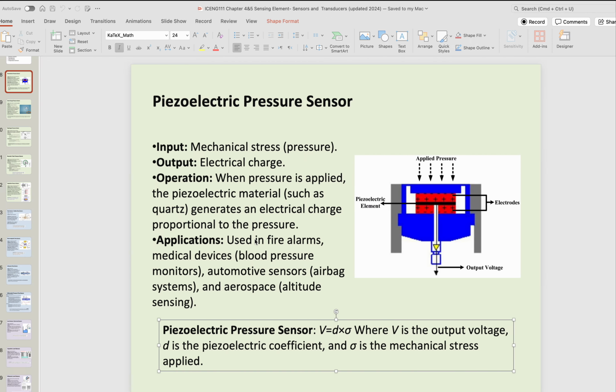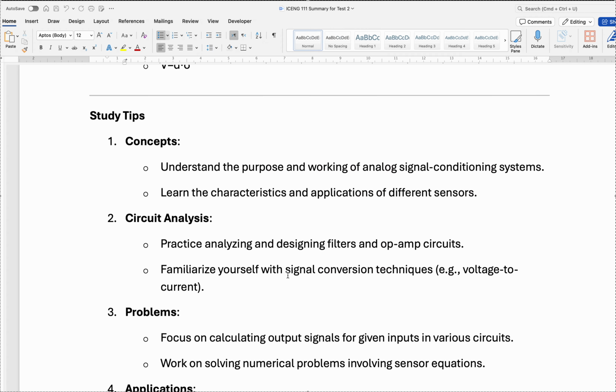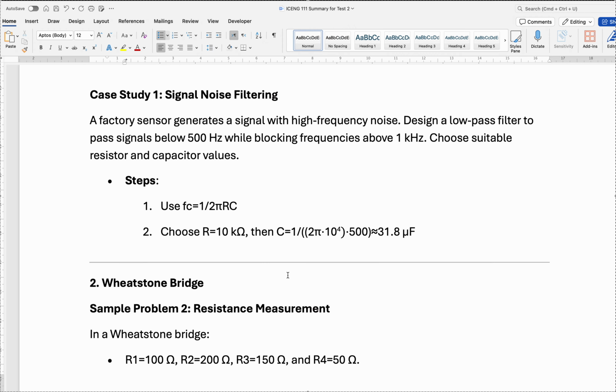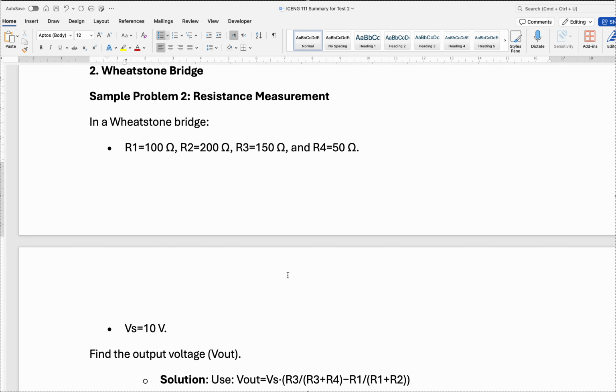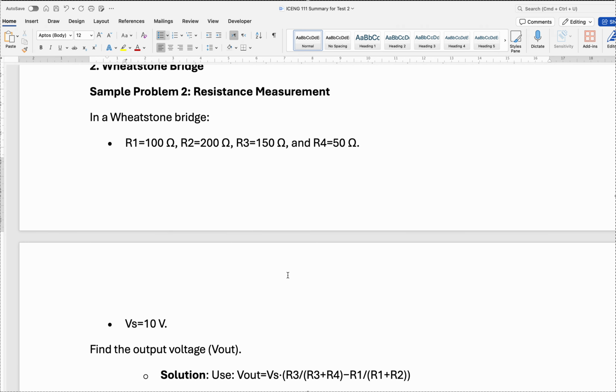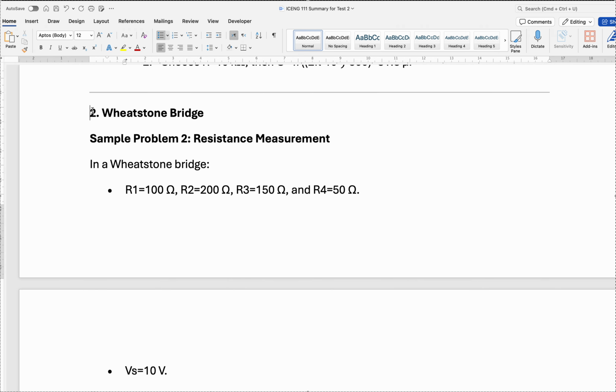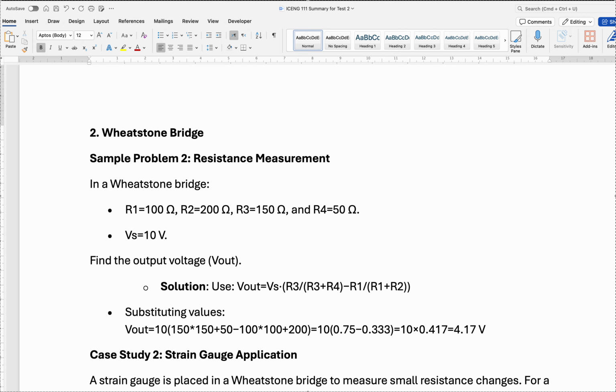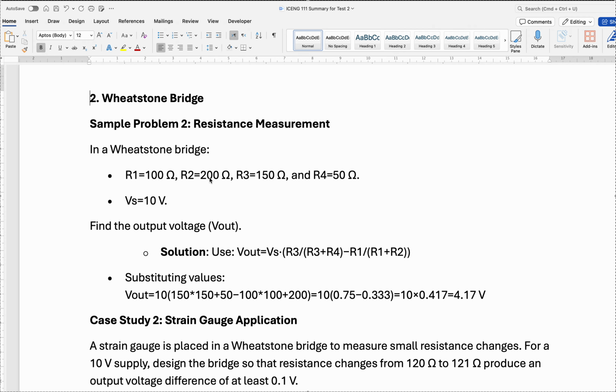So now I'm having an idea. I'm just giving you the ideas that we can solve in this case. Now let's look at, for example, the Wheatstone bridge. We already know the Wheatstone bridge. Just make sure that you get the ratios correctly, because if you have the ratios correctly, you have the null voltage, which is equal to 0. But as we said, the null voltage will not be equal to 0 in this case.